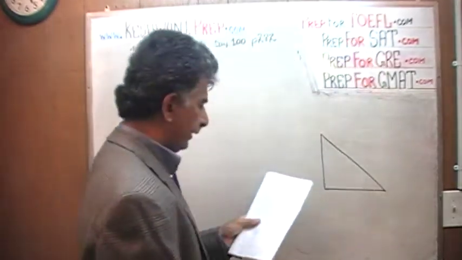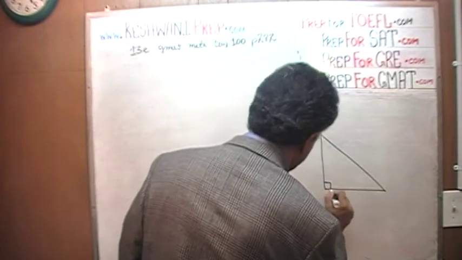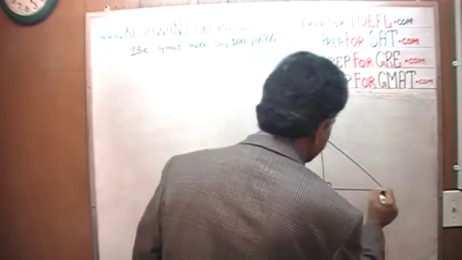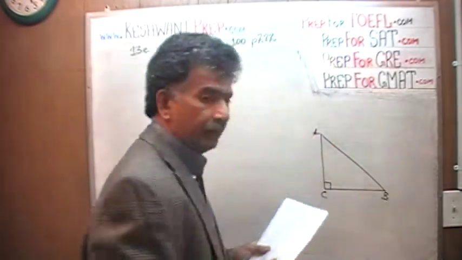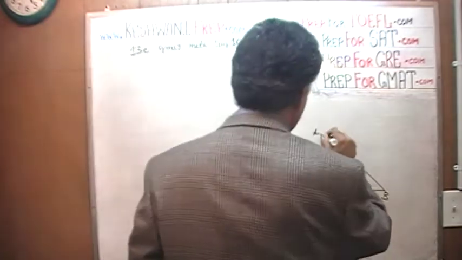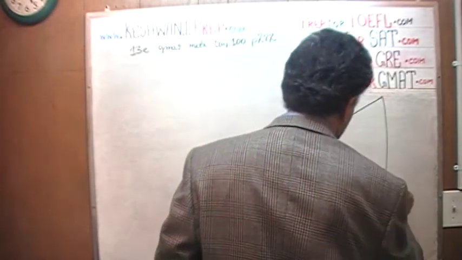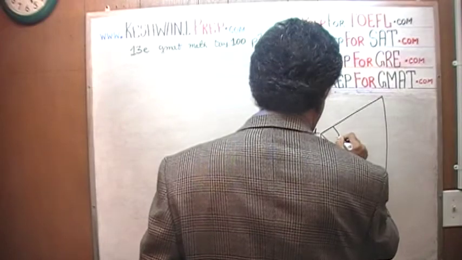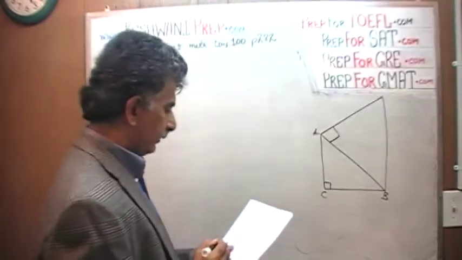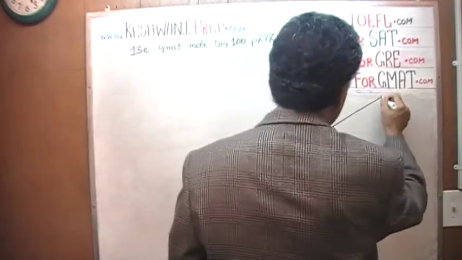So we are given a triangle here, ABC, a right angle triangle. And on top of it, we have another triangle, which is also a right angle triangle, and that is ABD.